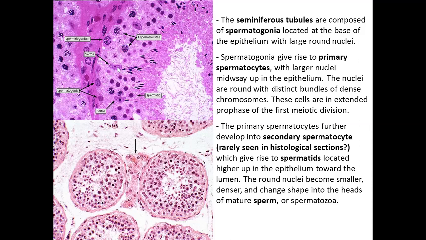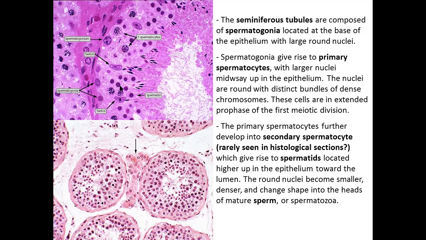We will discuss this cell in the upcoming slides. So till now we have discussed the spermatogenic cells, and we will discuss the Sertoli cells or sustentacular cells, which are a kind of supportive cell which doesn't undergo any division.